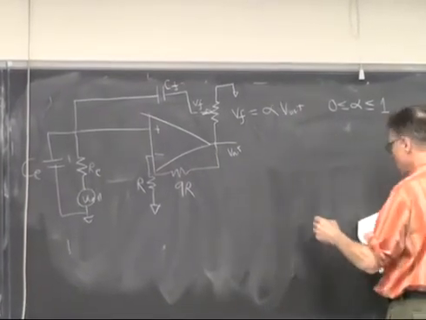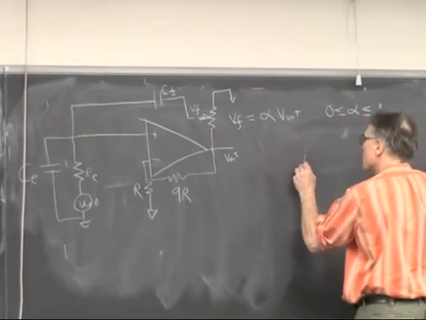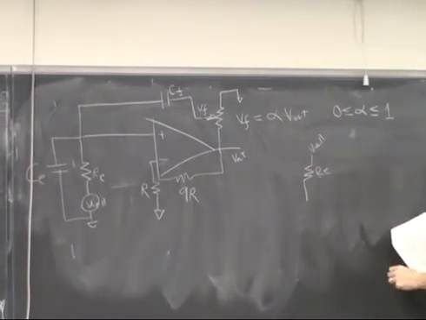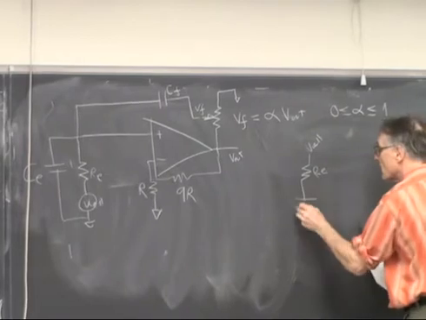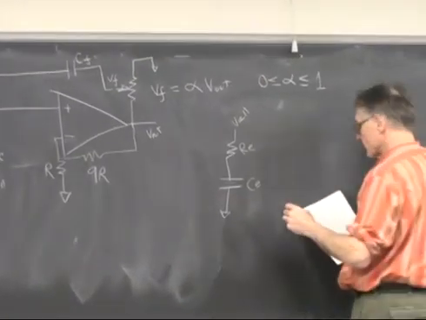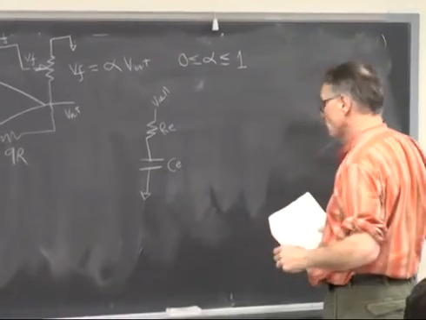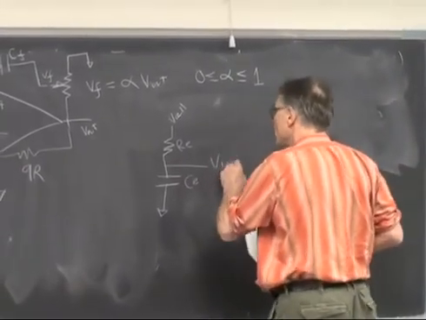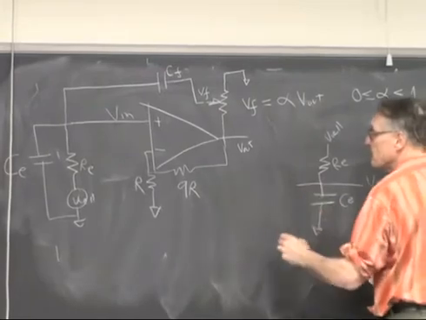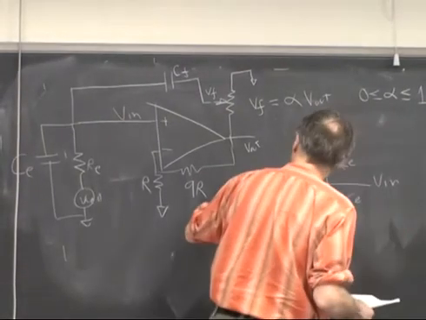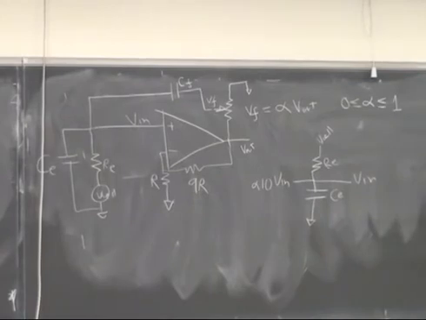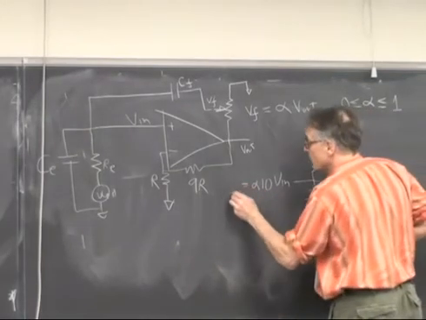So we can rewrite this circuit as V cell, RE, CE going to ground, V in, and because I set the gain to 10, this is then alpha times 10 V in, which is equal to V out.